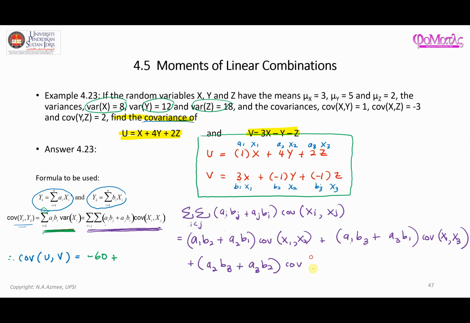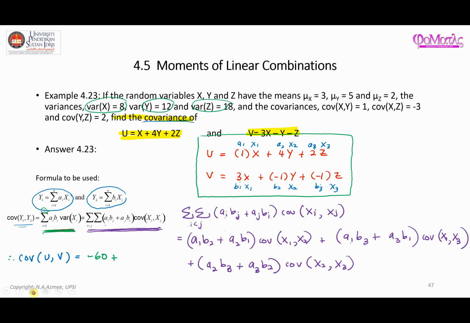Covariance X2 X3, and we have considered all possible combinations of our random variables. We have here X1 and X2, so we're talking about covariance X1 X2. Here is covariance X1 and X3, and this one right here is covariance X2 and X3.